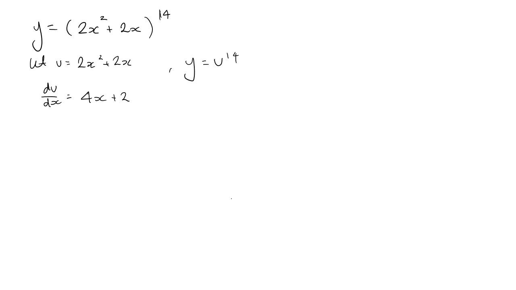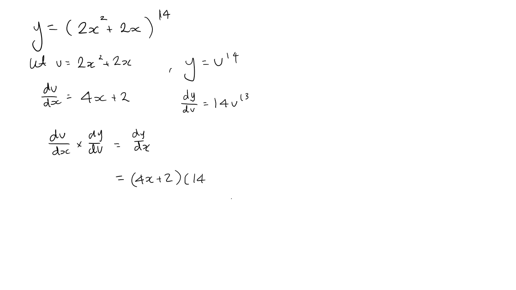Okay, and the derivative of y equals u to the power of 14 is 14u to the power of 13. And we multiply these two together. So du on dx times dy on du is equal to dy on dx, which is 4x plus 2 times 14u to the 13.